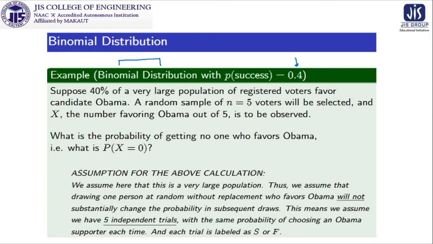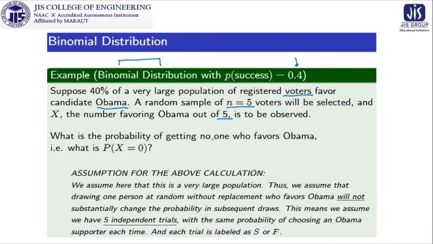Assume that 40% of a very large population of registered voters favor candidate Obama. A random sample of n equal to 5 voters will be selected, and X, the number favoring Obama out of 5, is to be observed. So the story is clear.